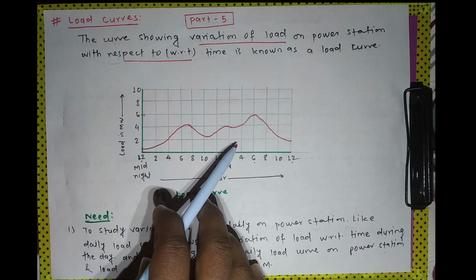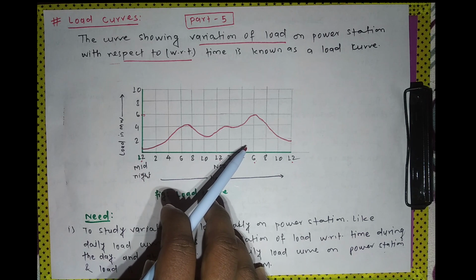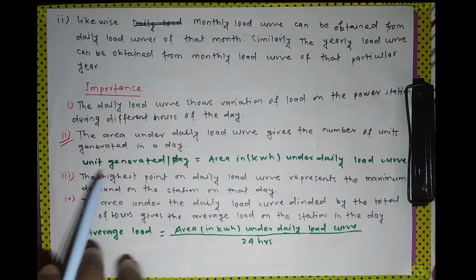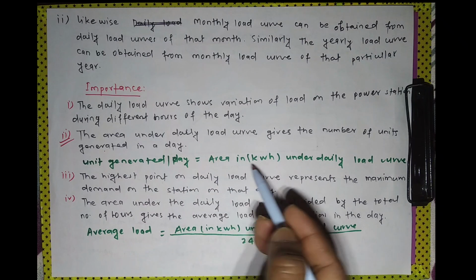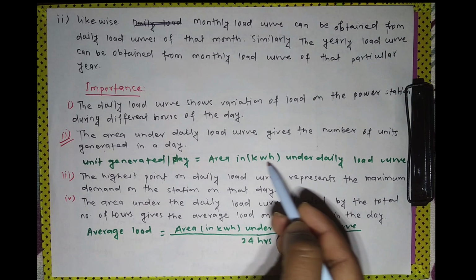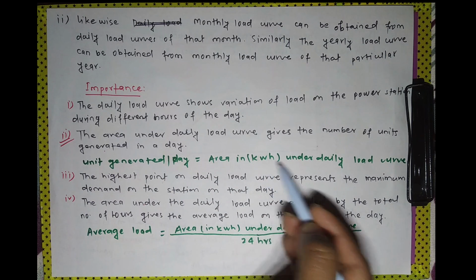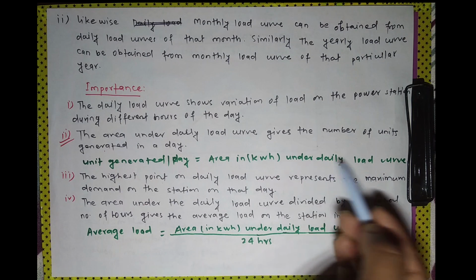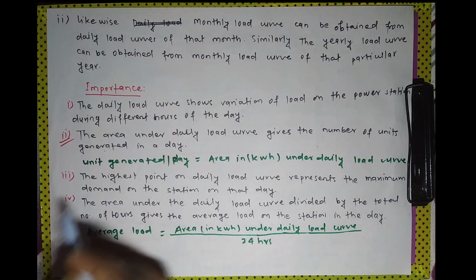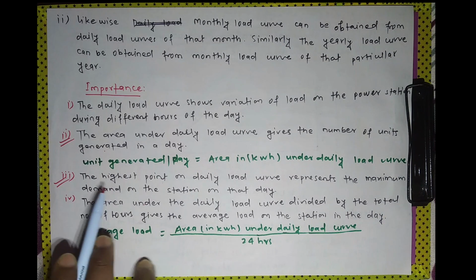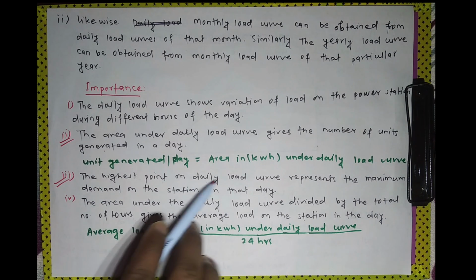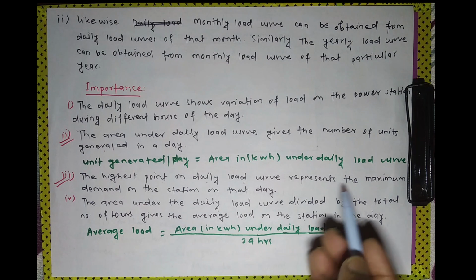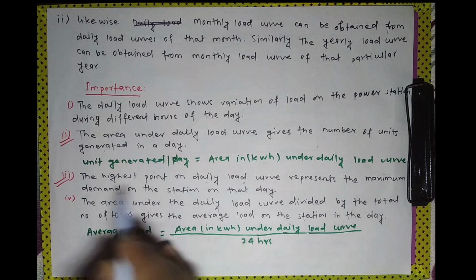This is the main importance. The units generated per day is the area under the daily load curve, in kilowatt hours. Then we come to the third point: the highest point on the daily load curve represents the maximum demand.